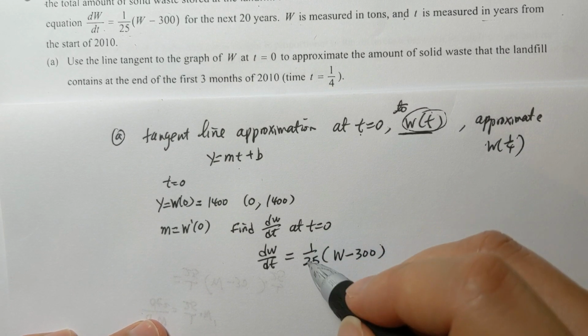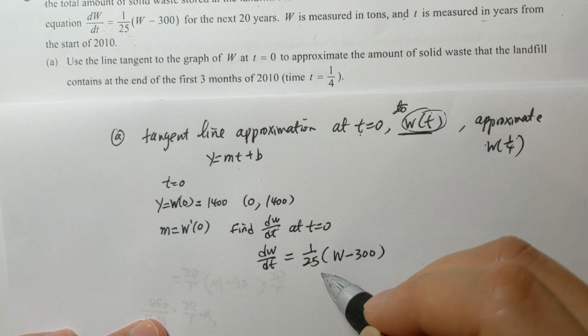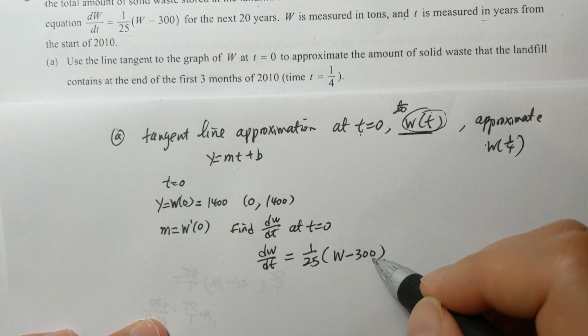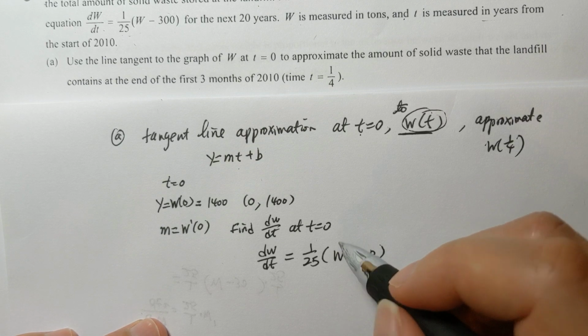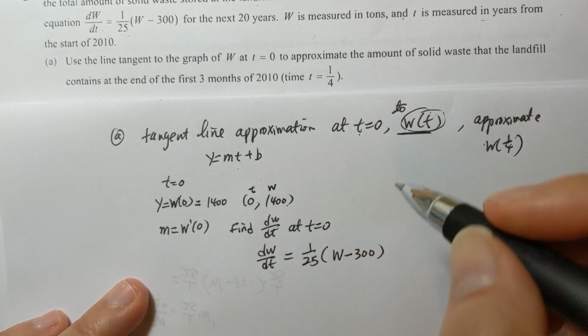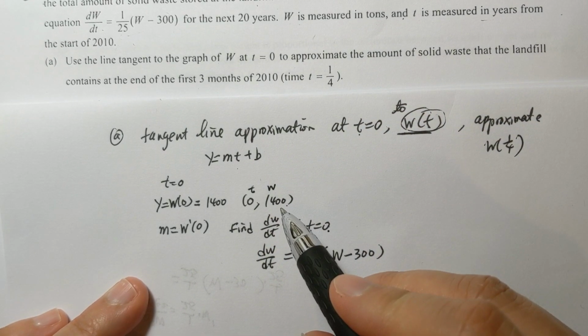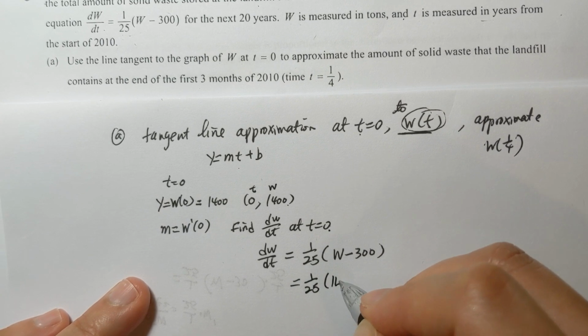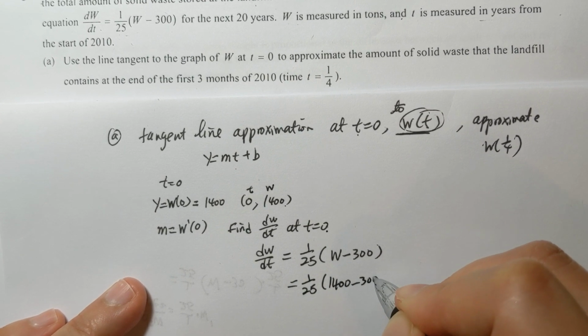But this is not a function of t. We have 1/25 in parentheses W minus 300, but we already know that this is (t, W). So t equals 0, W is 1,400. That means we just substitute 1,400 into W.